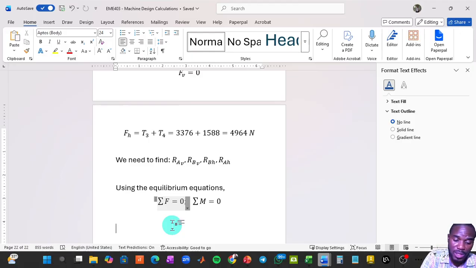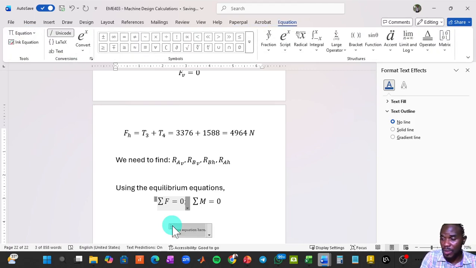And on the basis of that, we can now say that this vertical force that we now know and have found at point C, remember there is none at point D, that's why we're not considering it, equals the reaction at point A in the vertical direction plus the reaction at point B in the vertical direction.